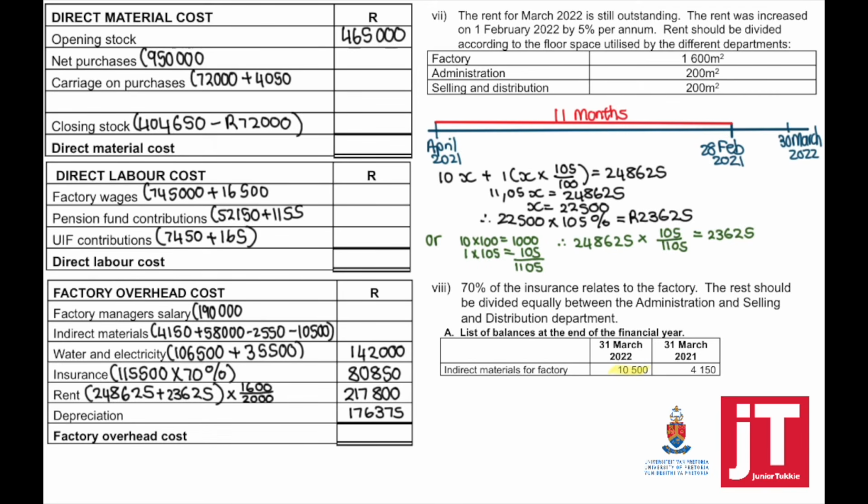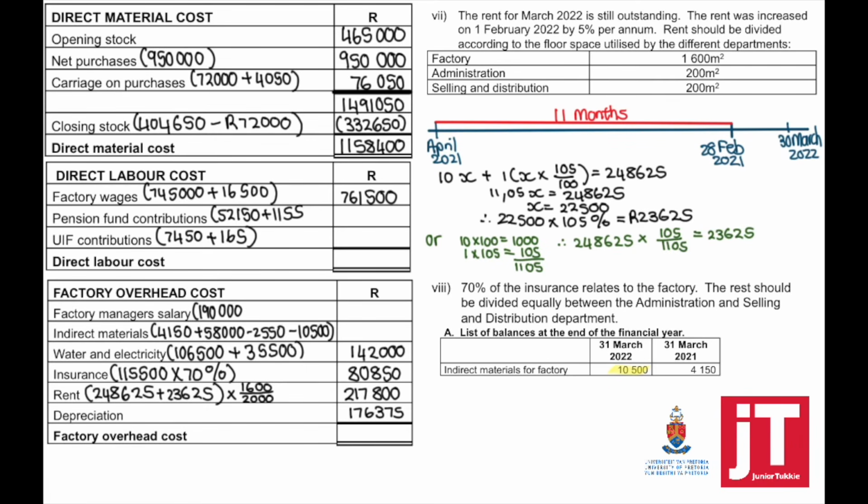So if we start with direct material cost, our total net purchases, 950,000, there were no adjustment. Carriage on purchases, you need to add those two together. This means that opening stock plus net purchase plus carriage on purchases equals, now we need to subtract our closing stock. That equals our direct material cost.